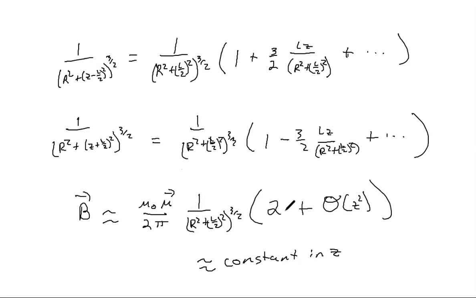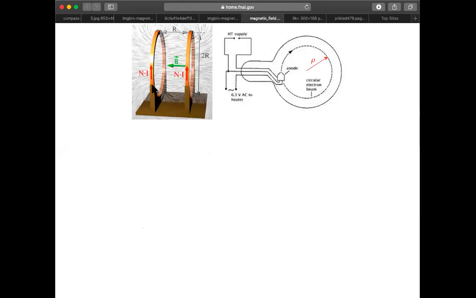Let's take a look at what we actually see from an image I found on the internet. Here you go. This is a Helmholtz coil configuration, and you'll see very nice, steady, uniform magnetic fields in the interior. Nothing is changing as you move along the axis of the coils.